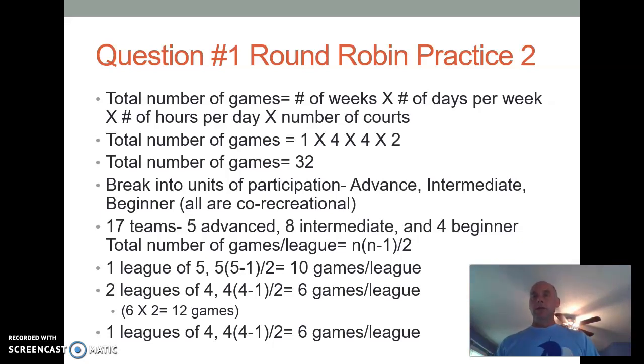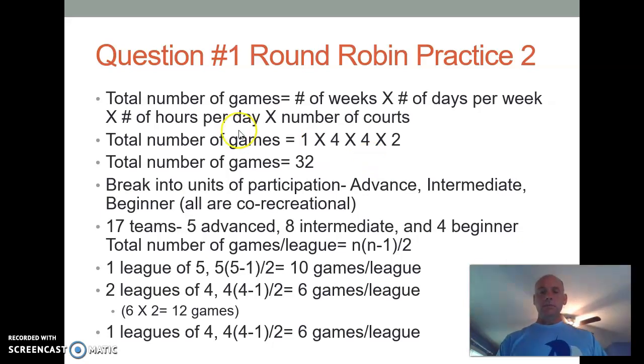So 1 week times 4 days for that week times 4 hours per day gives us 16, and then we multiply that by 2 because we have 2 fields, and the total games that we can play are 32. Okay, so we used our information and figured out that we have 32 games.